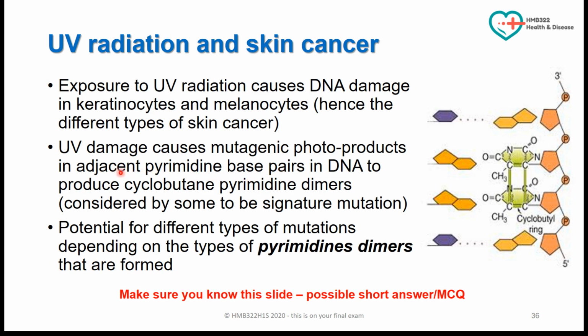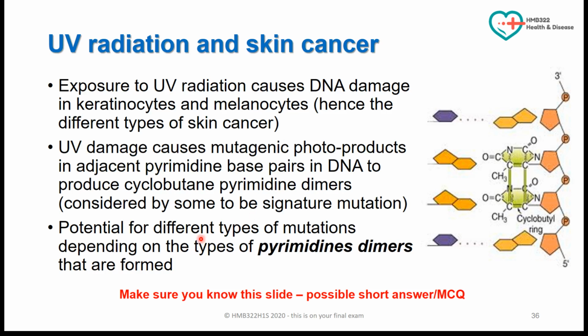And this primarily occurs within adjacent, or side-by-side, pyrimidine base pairs in the DNA to form what are known as cyclobutane pyrimidine dimers. And this is a signature mutation that occurs, and we know that you have had too much UV exposure. If this occurs in the wrong place within your DNA, so if, for example, you form cyclobutane dimers within an area that contains transcriptional elements, or if it's part of the p53 tumor suppressor and that DNA starts to form too many of these cyclobutane dimers, then you're running into some serious issues.